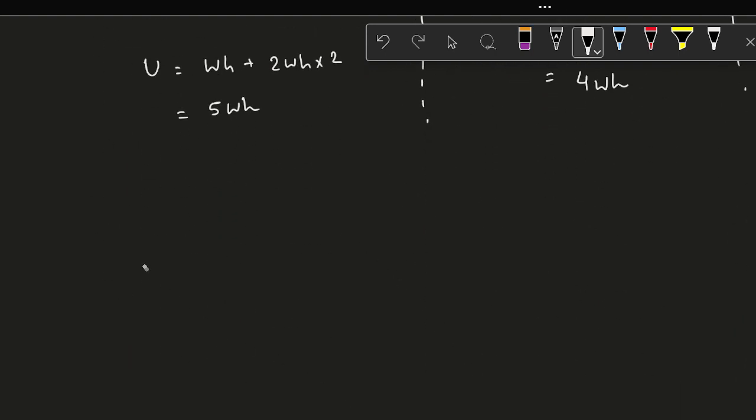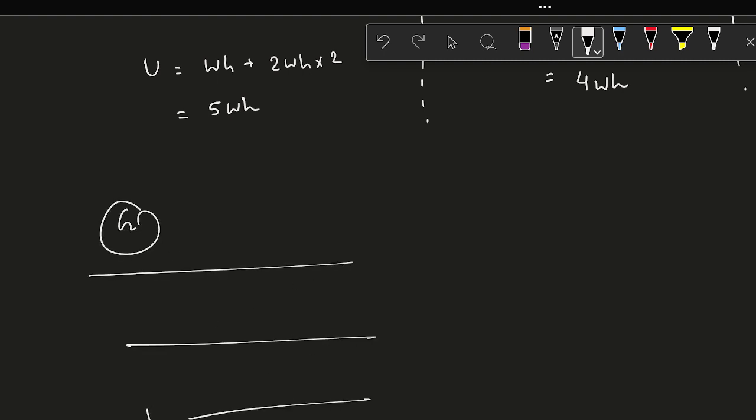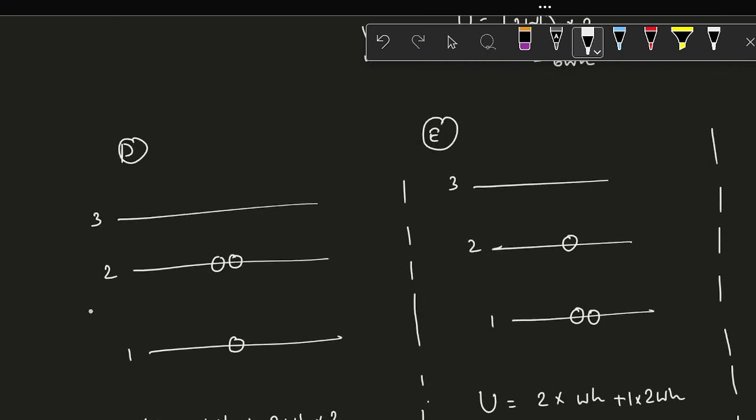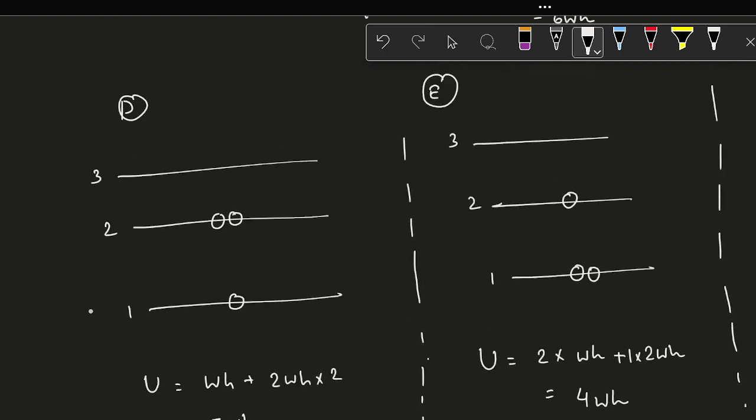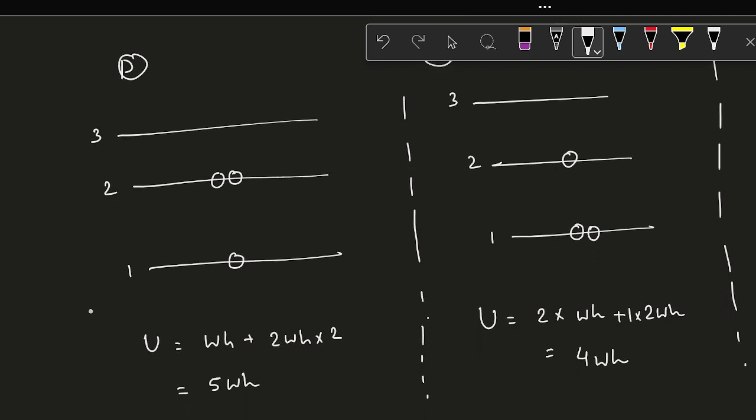And further moving on, configuration number G will be 1 2, 2 3, and then you have what was the case? Okay, you can just do the opposite to that. Oh, so sorry, this was not 7, this was 8.